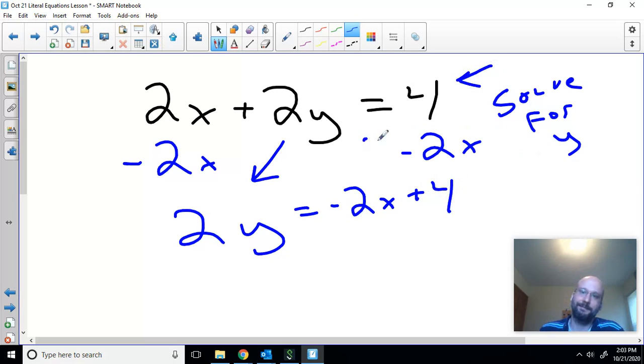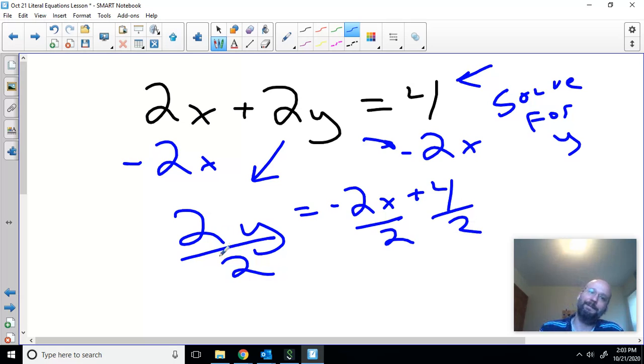Positive, negative. I'm going to divide by 2. If I divide something on one side, I have to divide everything on the other side. y equals negative 2 divided by 2 is negative 1, or just negative x. I don't have to put negative 1x there, and this is 2. So that would be our answer.